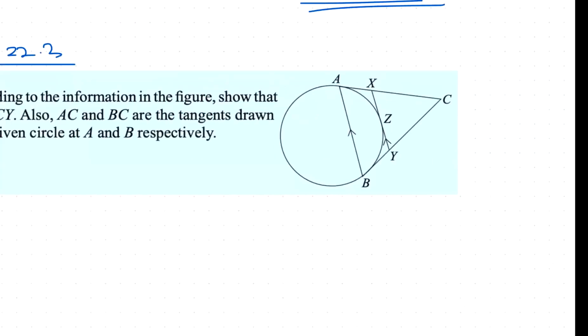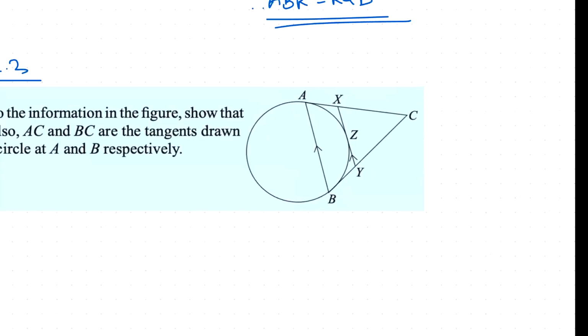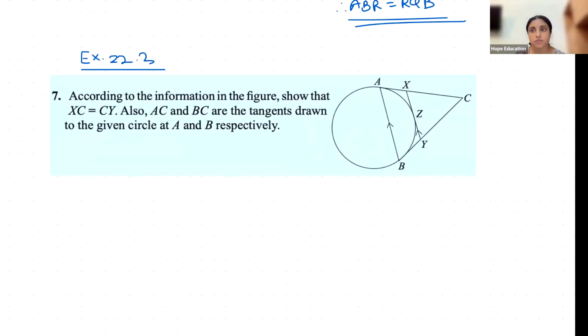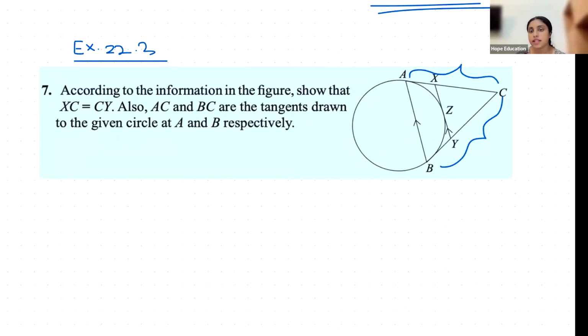The center is not given. What do we do, kids? How do you say AC is equal to BC? You can say AC is equal to BC because AC and BC are tangents drawn at A and B. Therefore, these two angles will be equal because this is an isosceles triangle.